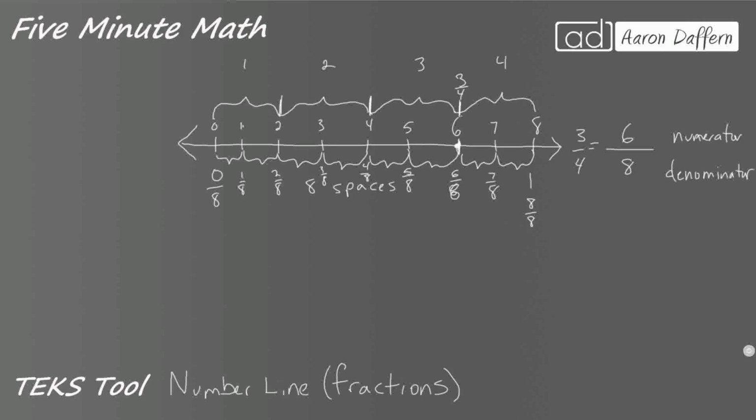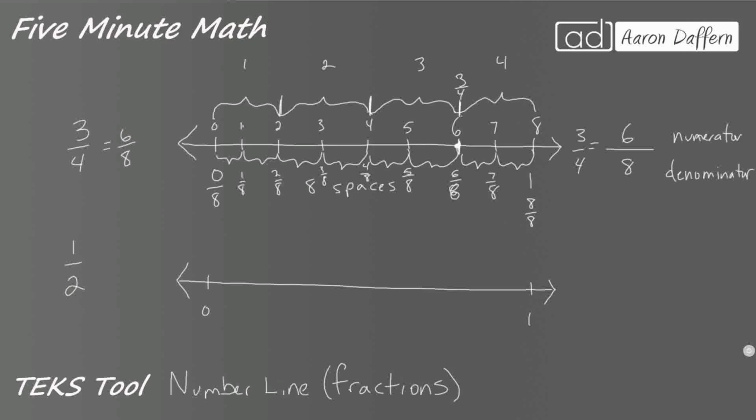And then we can also use it to compare fractions. So I like to do that with 2 different number lines. So I'm going to draw a separate number line underneath here. And I want to compare either 3/4 or 6/8, those are equal, with 1/2. So I want my number lines to be even. I'm going to put my 0 and 1 in the same spot.